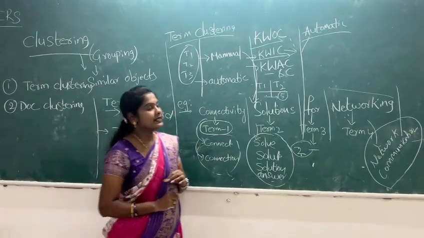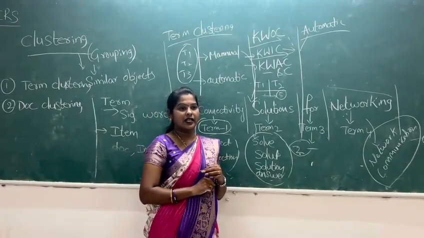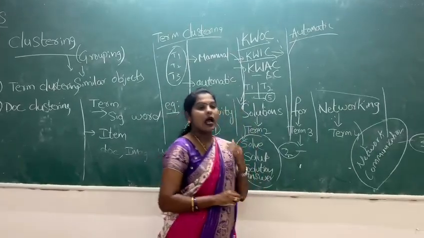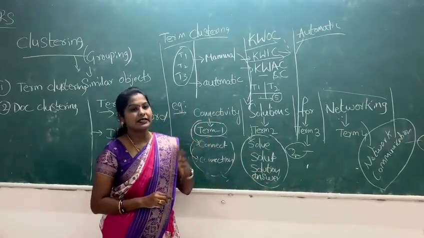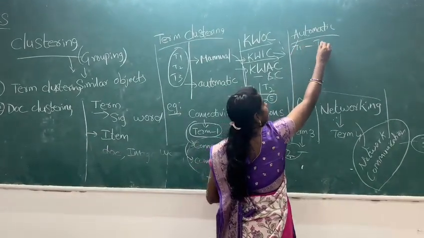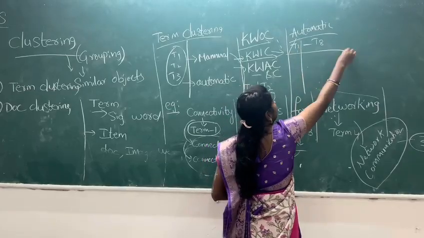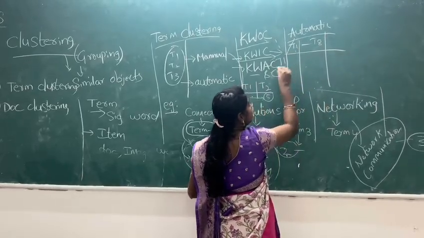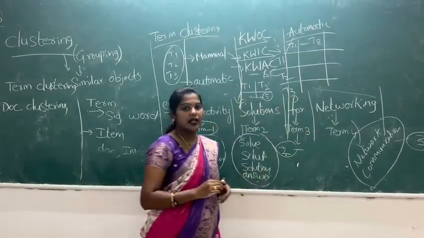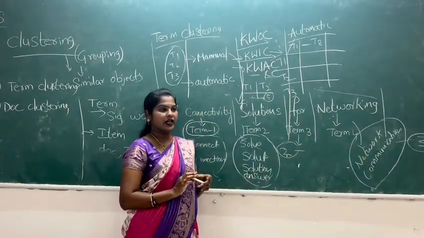To understand easily we are considering the vector model. So we are taking rows and columns, with rows as items like terms, term 1 to term 8, and columns also term 1, term 2, term 3, like that. So this is the vector model.